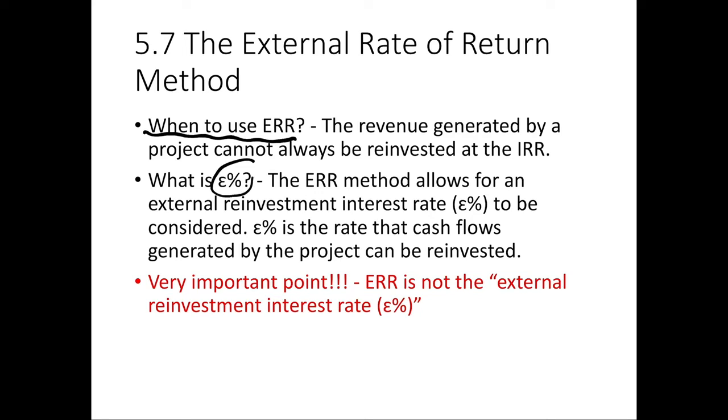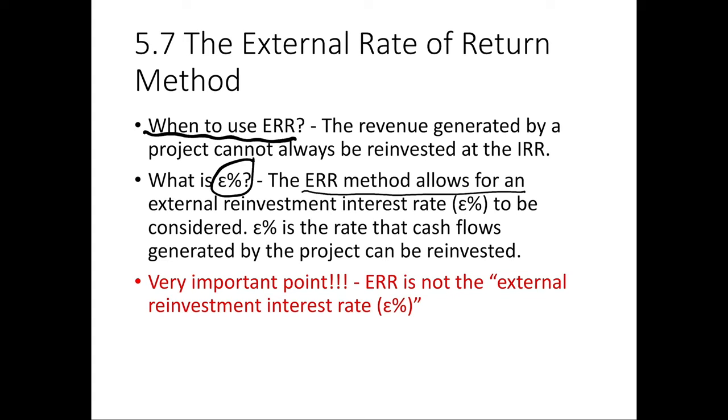And then another concept is the epsilon percentage. The epsilon percentage is also an interest rate, but it is the interest rate for the external project, okay? That's the external project where you reinvest your profit. So the ERR method allows for an external reinvestment interest rate, which is written as epsilon percent, to be considered, okay?